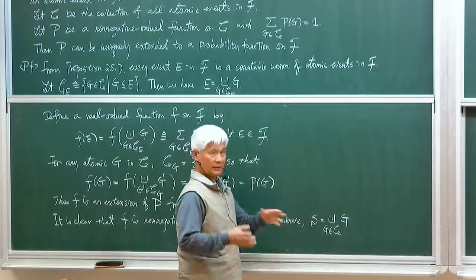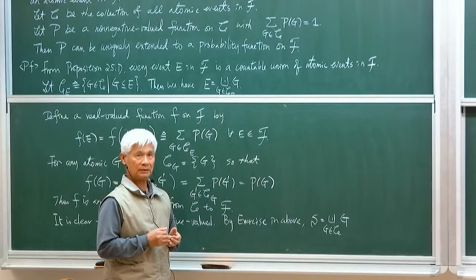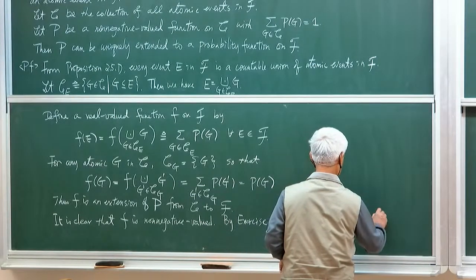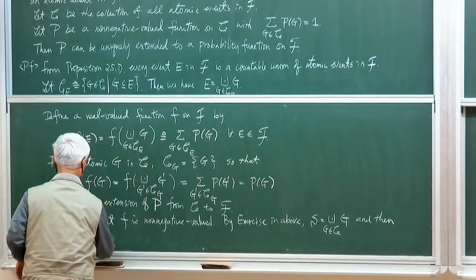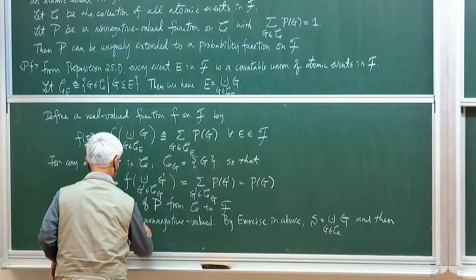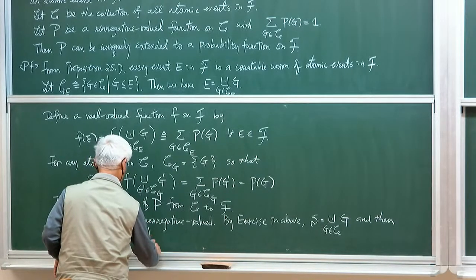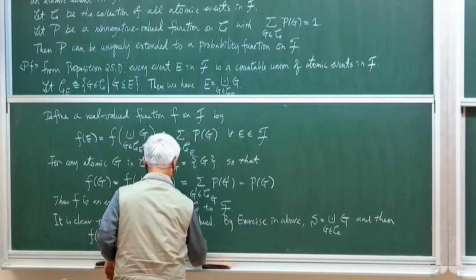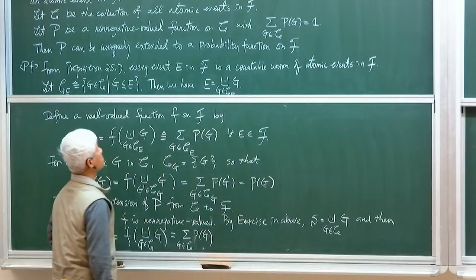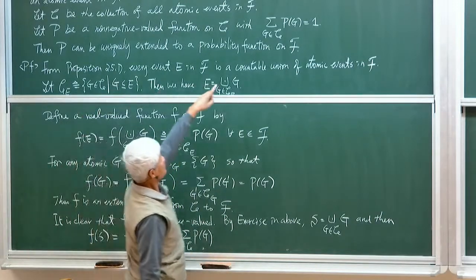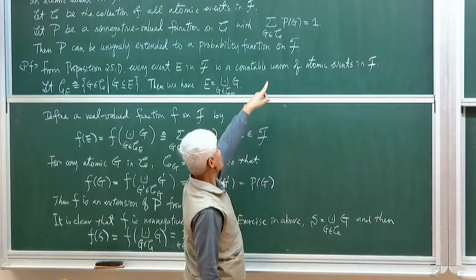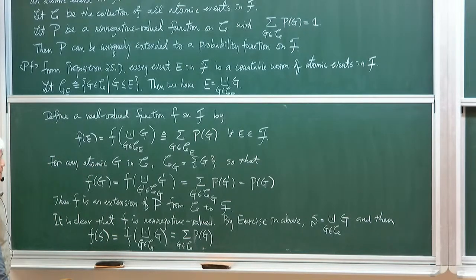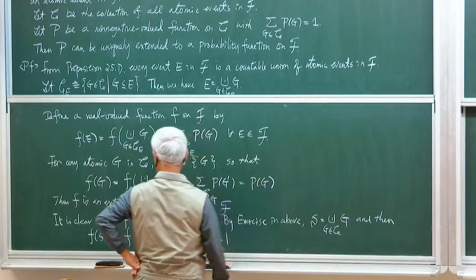So the total event is just the union of all atomic events in F. Then f of the total event is equal to the sum of P of G over all G in C. But we know P satisfies this identity, the summation of P of G over all G in C is equal to 1.